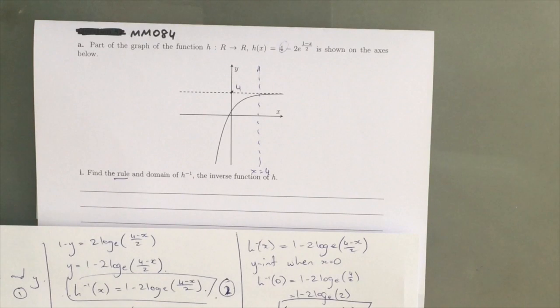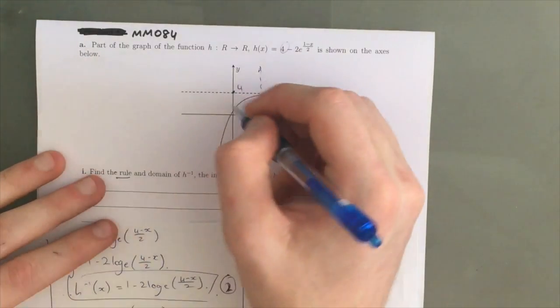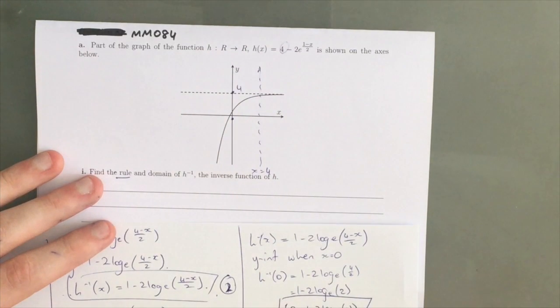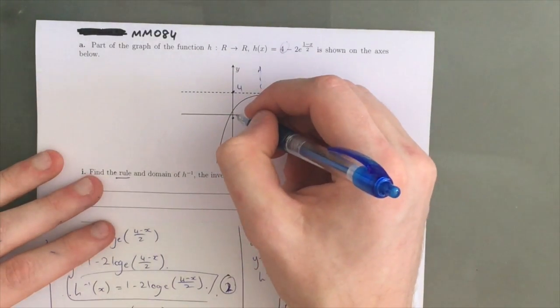Awesome. And so our y-intercept is 1 minus 2 log e of 2, which is going to be about here. And our x-intercept is 4 minus 2e to the power of a half, which is about here.